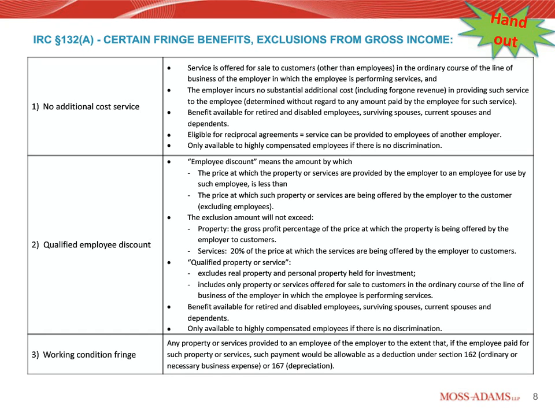The second bullet point is the employer incurs no substantial additional cost, including foregone revenue, in providing the service to the employee. So if that concert seat is available at the time the concert starts, that's really excess capacity, and the IRS says it's fine if you want the employee to sit there. But you can't give them that seat a week ahead of time because then you could be foregoing revenue.